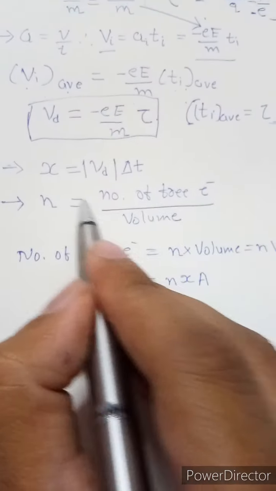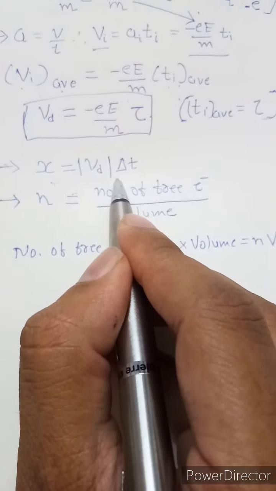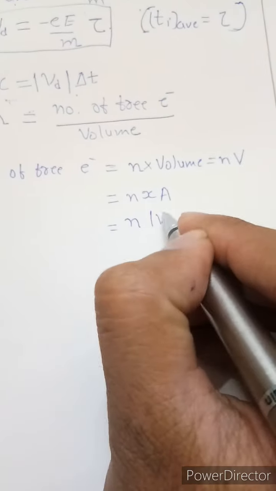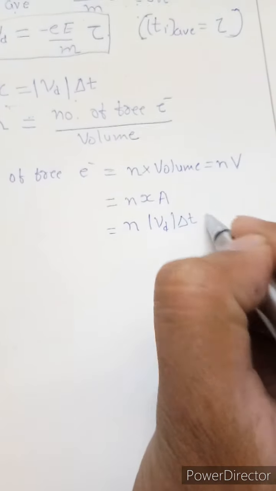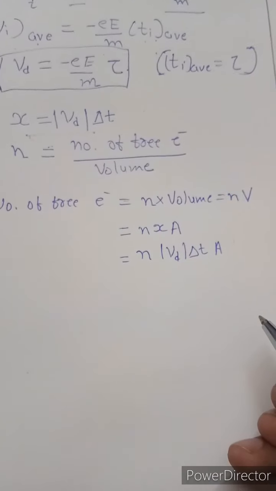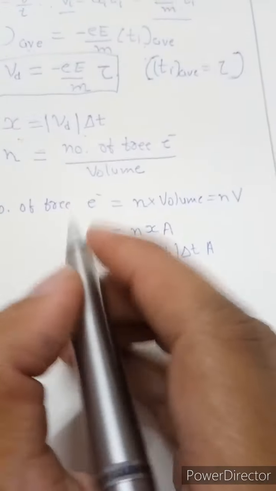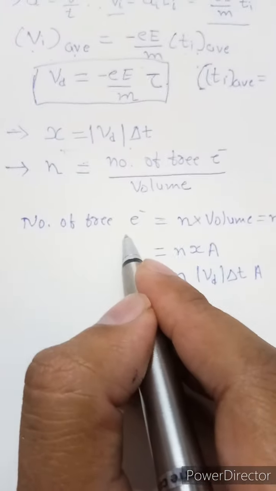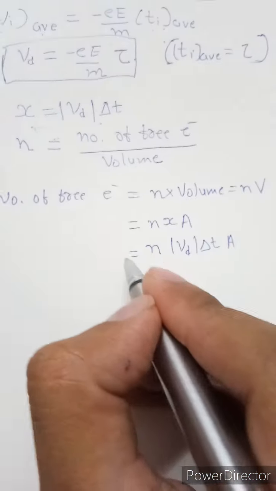Put the value of x from this formula, which is Vd into delta t. So you will get n Vd delta t into capital A. Let these electrons have charge, and this charge is minus e.